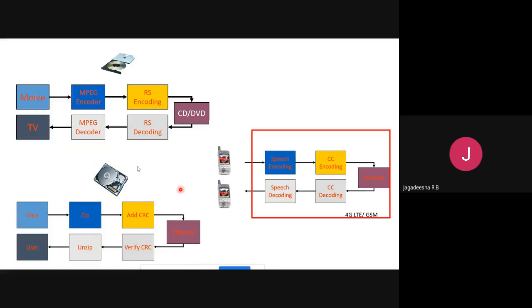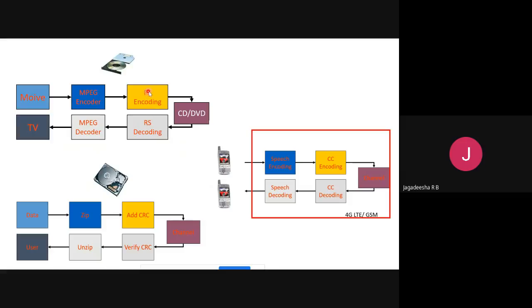And these are again the different scenarios I mentioned. For example, you want to store the information on a CD or a DVD. What is your information? Information is nothing but a movie. And that movie will be encoded. This is source encoding, where we are converting the movie into an encoded file, that is MPEG encoding, and then it is given to the channel coding part here, that is RS encoding.